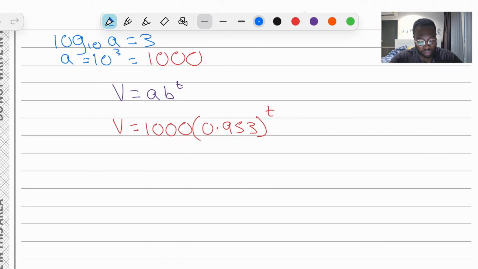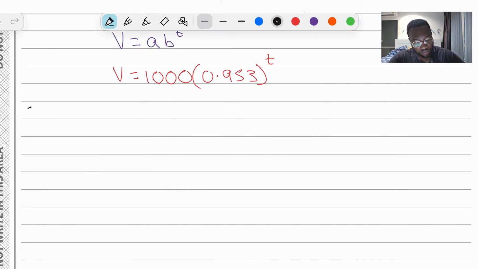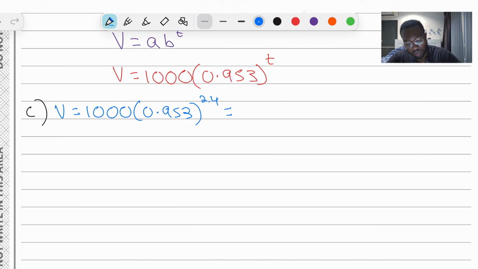So if we do that here, we would get v is equal to 1,000 times 0.953 to the power of 24. Now, if you work that out, you will get, to 2 decimal places, 314.94. And that is pretty close to 320.